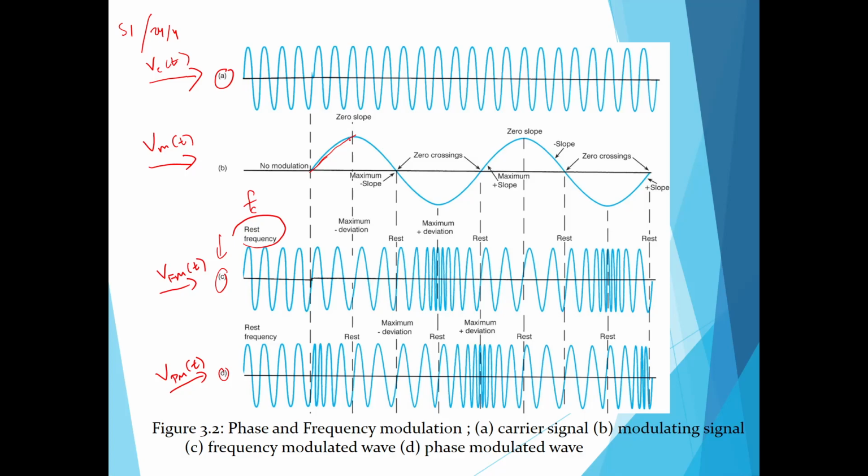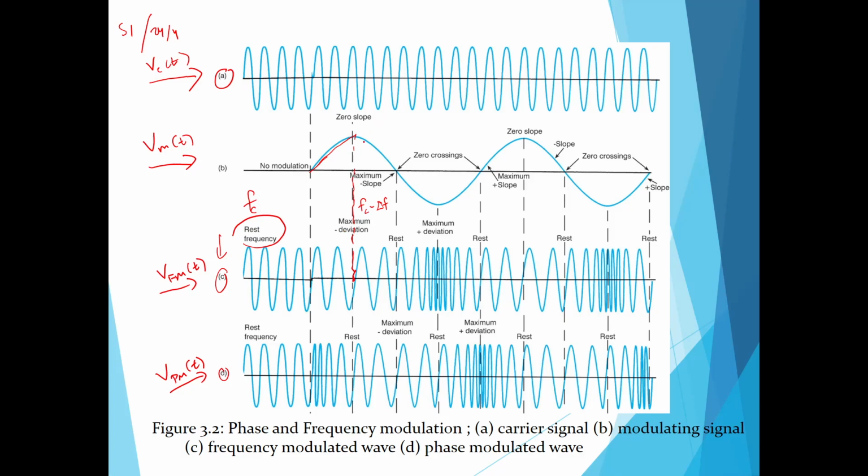What happens is that the output will produce maximum negative deviation, which means that the carrier frequency would be at the minimum frequency, which is Fc minus delta F. Minimum at this point.